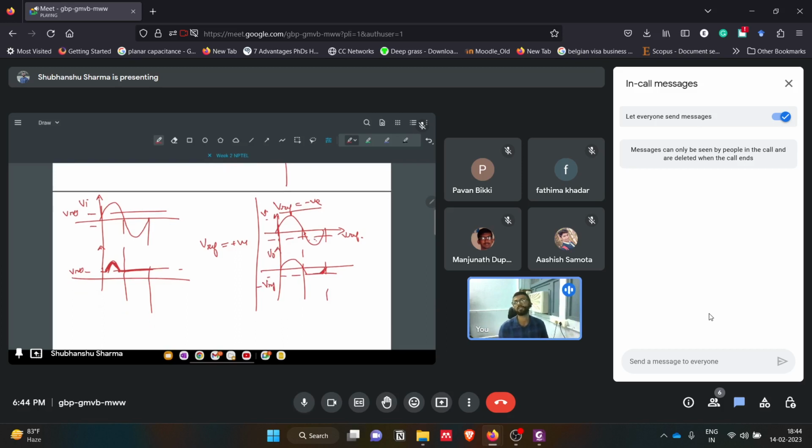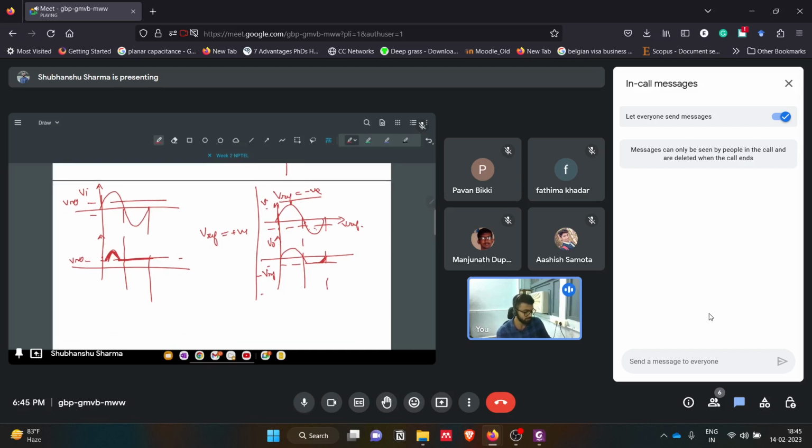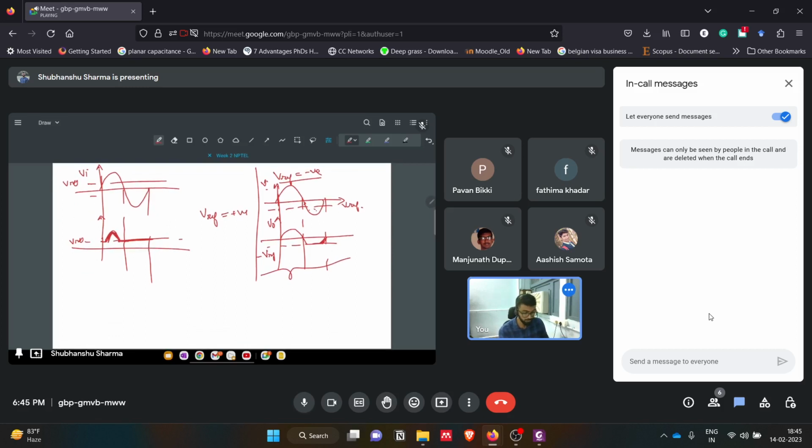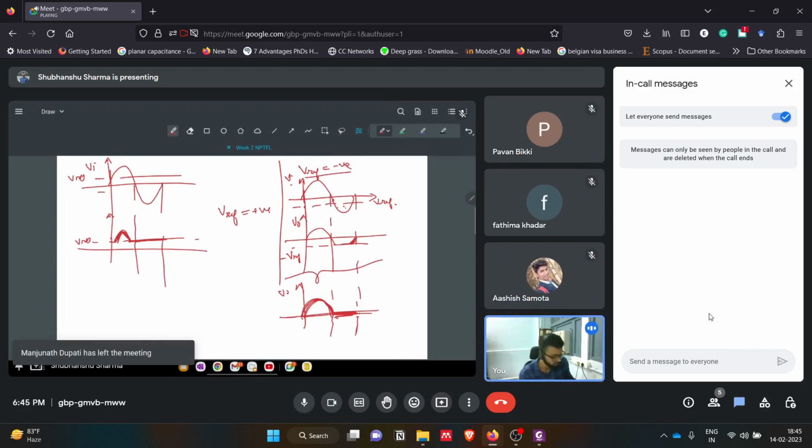So now I was telling how the half wave rectifier is related to this. If we see this negative clipper, if we make this V reference 0 volts, grounded somehow, then the negative part of the input voltage will be clipped, and the output will be equal to V reference, but V reference is 0, so we will get no output.